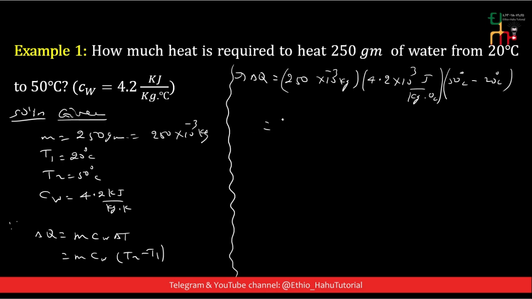This is equal to 250 times 4.2 times 10 to the power of minus 3 times 10 to the power of 3. Kilogram goes with kilogram, degree Celsius goes with degree Celsius, times 50 degrees Celsius minus 20 degrees Celsius is 30 degrees Celsius, and we are left with joule. This 10 to the power of negative 3 by 10 to the power of 3 cancels.